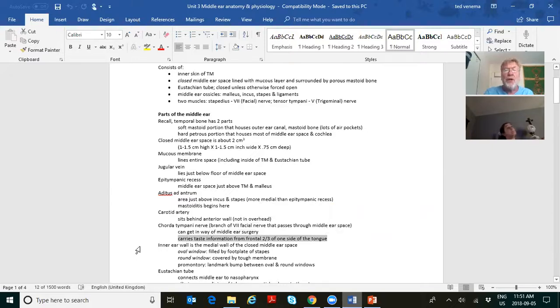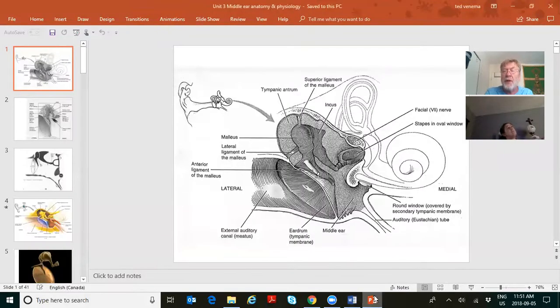The inner wall is something to behold as well. When you're looking at the inner wall of the middle ear space, right where my cursor is, things get really complicated here. Look at this. You have the foot plate of the stapes, and the foot plate of the stapes fits into what is called the oval window.